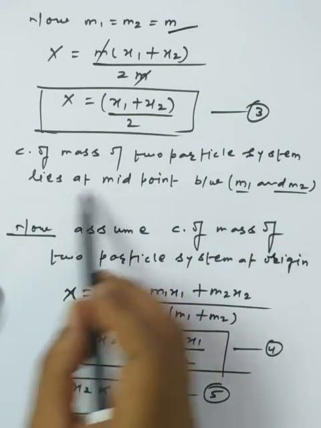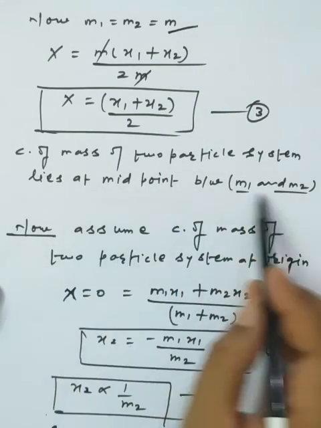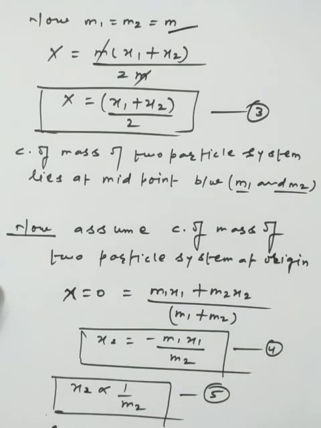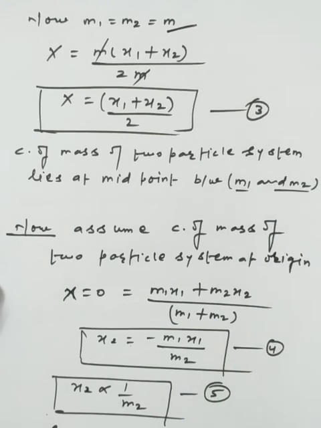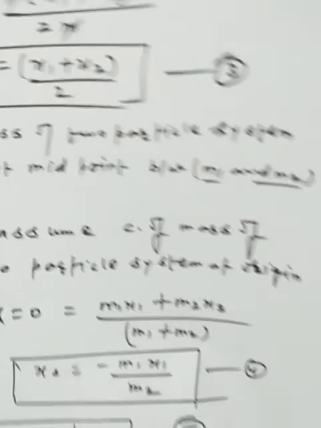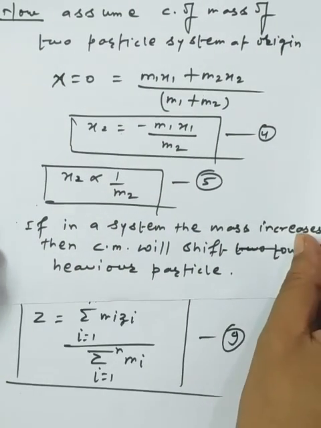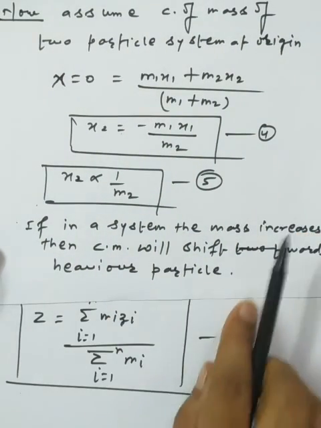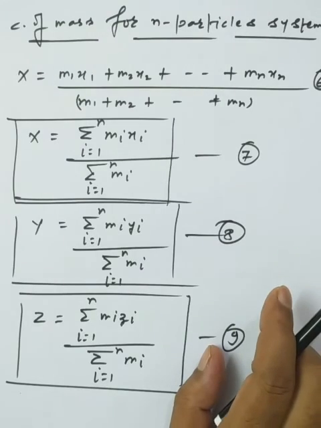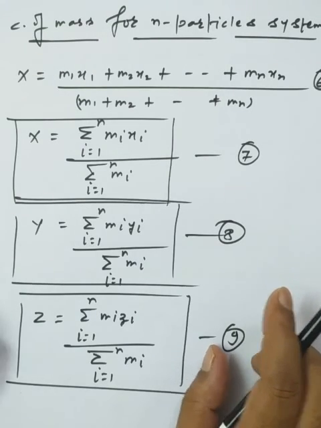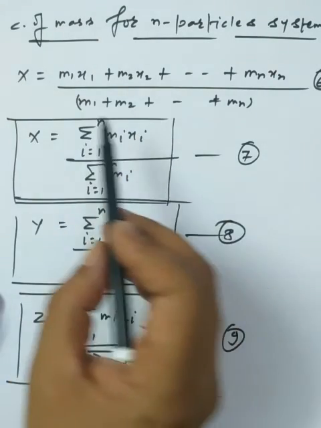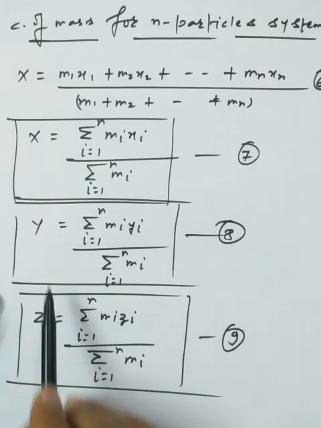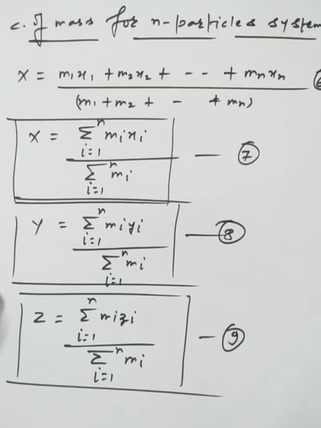So the center of mass of the two particle system lies at the midpoint between m1 and m2. Now if the mass inside a system increases, the center of mass will shift towards it. Then we represented the coordinates of the center of mass for the n particle system: the x coordinate, y coordinate and z coordinate.